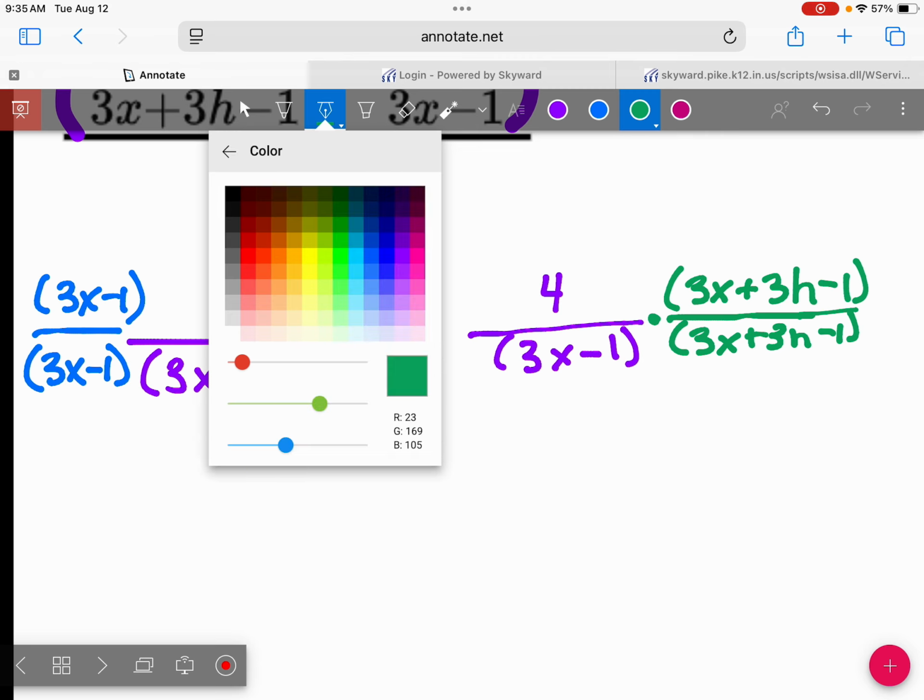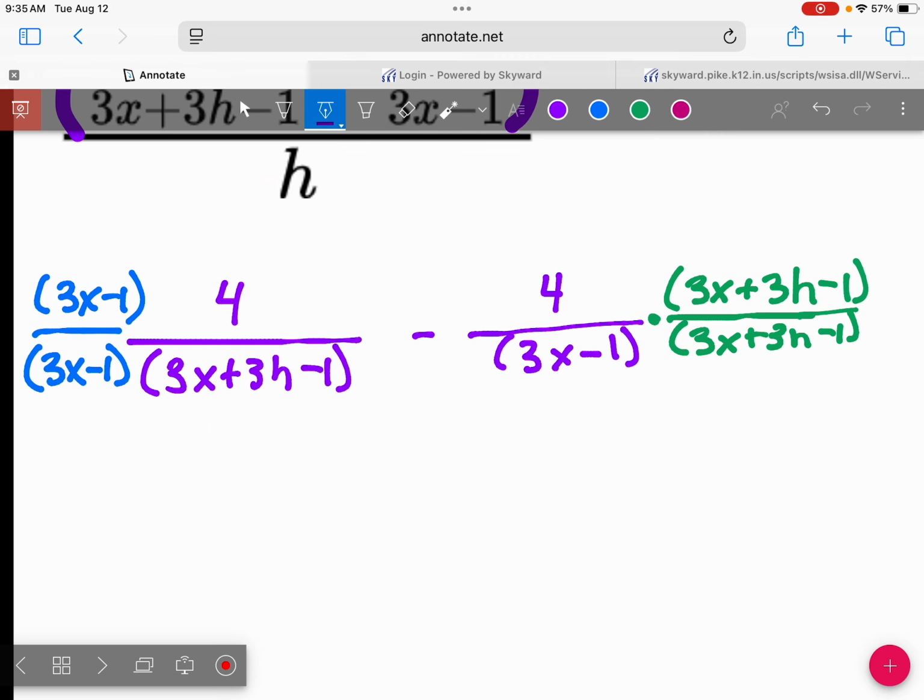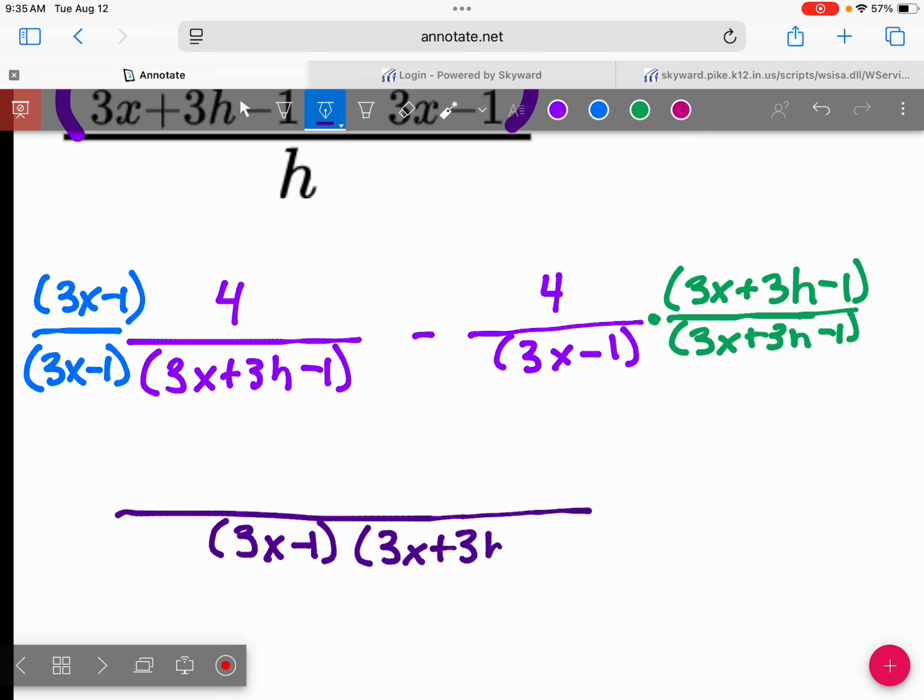So when we do that, I'm just going to keep this as purple. We have our denominator here of our 3x minus 1 times our 3x plus 3h minus 1. And we're getting from our left fraction here our 3x minus 1 times 4. So our 3x times 4 gives us 12x. Our minus 1 times 4 gives us minus 4.